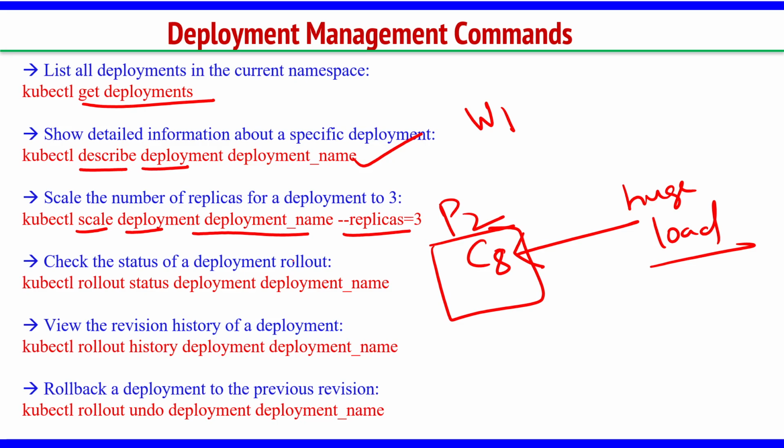If you have done some rollout and want to see the status, again kubectl rollout status deployment name. In the same way, you can see the revision history. If you want to roll back something, you have to use the rollout undo command, which will roll back to the previous deployment status.